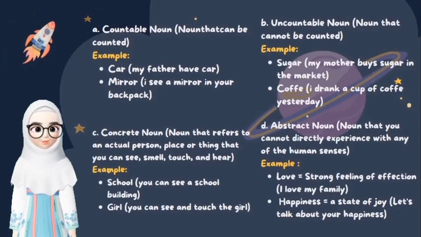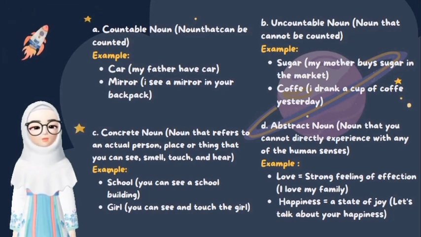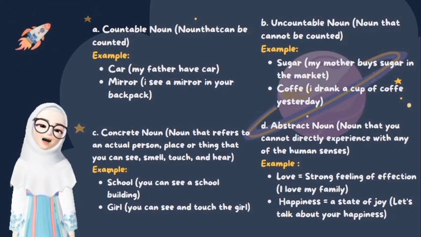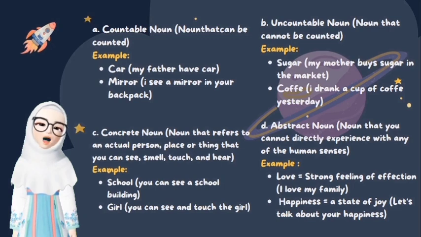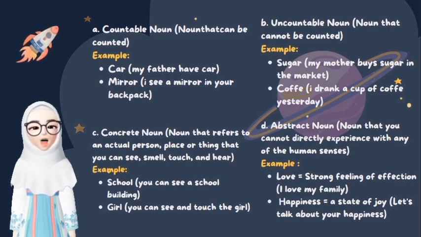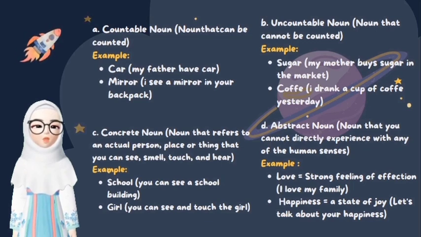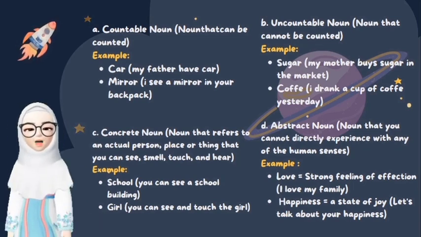Then, there are several types of nouns. 1. Countable noun. Countable noun is a noun that can be counted. Example, car in sentence. My father have a car. Mirror in sentence. I see a mirror in your backpack.